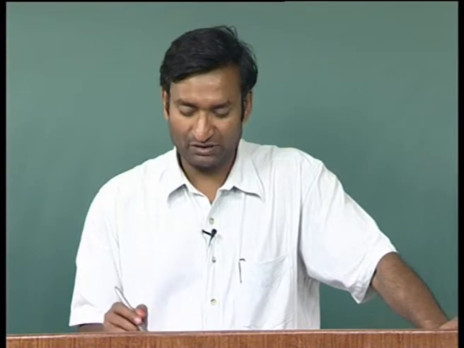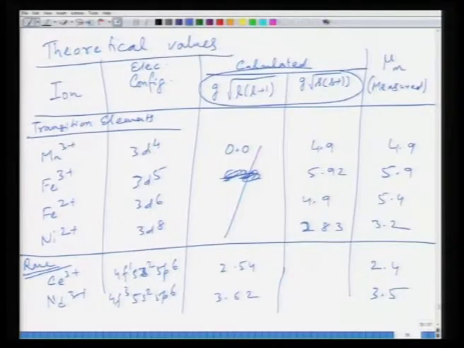As a result, orbital magnetic moment also starts contributing. So, this factor, which is g root j into j plus 1, takes contributions both from spin as well as orbital, whereas spin contributes mostly in the case of transition elements or d group elements, and the measured experimental values match pretty well to suggest that that is indeed the case.